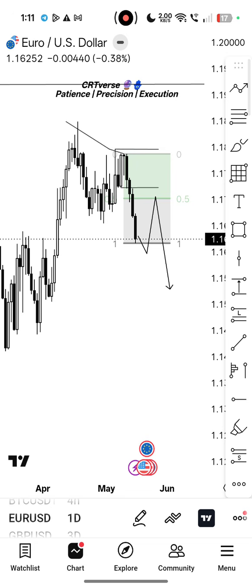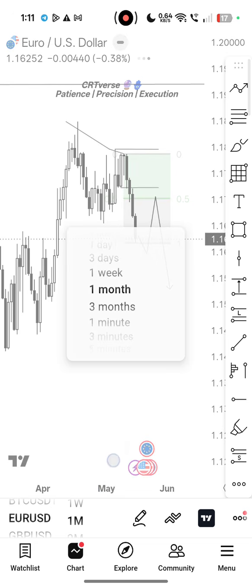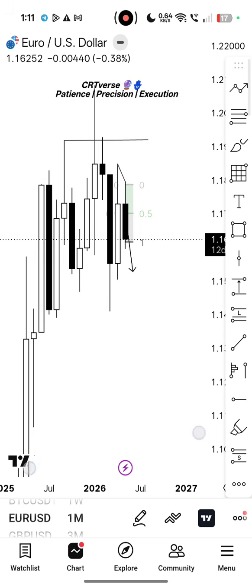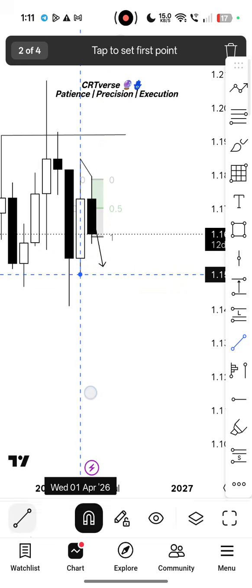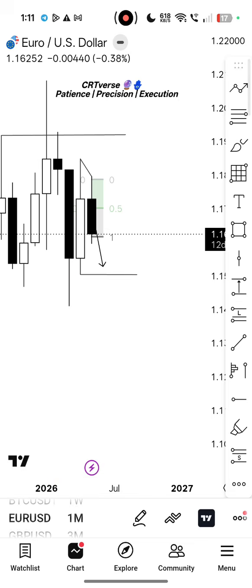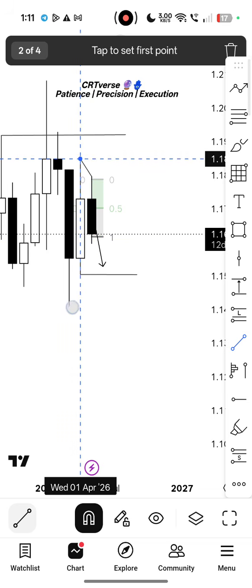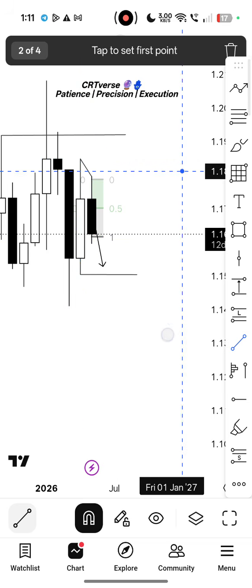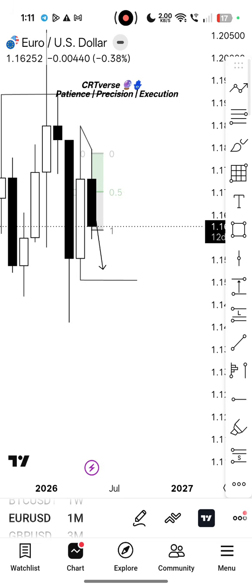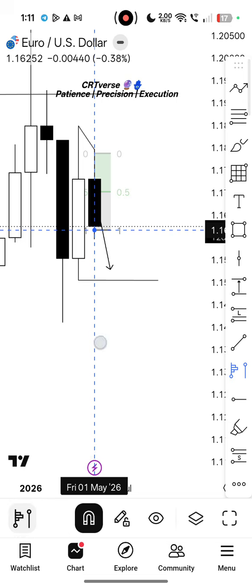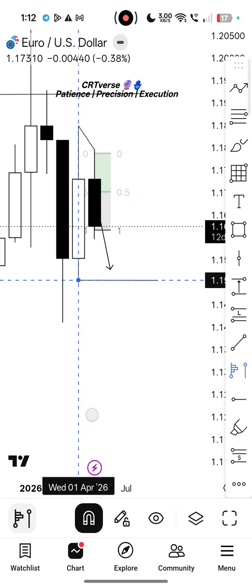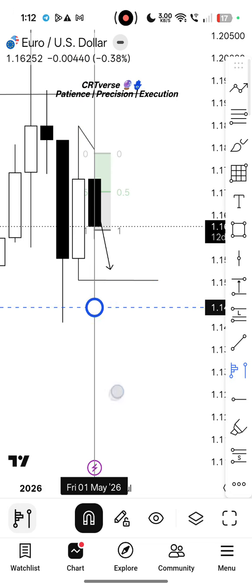So the first target is the previous month low, right? Because we have the recent turtle soup in the previous month highs and an SMT as well. So the next DOL is this monthly low and then the 3-month fair value gap or order block, whatever.